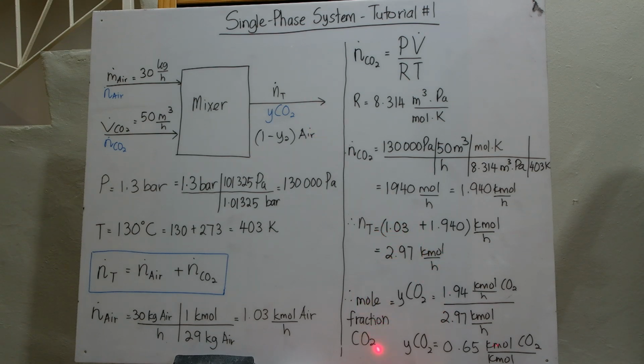So to find the mole fraction of CO2 is not difficult. You know the formula is the molar flow rate of carbon dioxide divided by the molar flow rate of the total product line. Then you obtain the mole fraction of CO2 in the product line. When you calculate, you obtain 0.65 kmol CO2 per kmol. That's it, tutorial number 1.